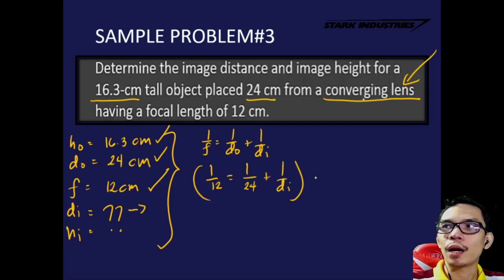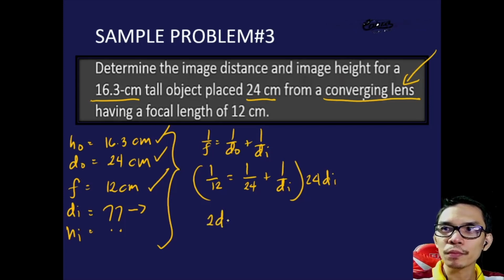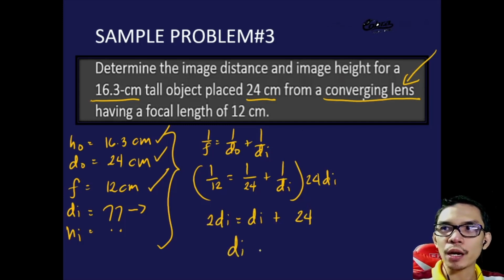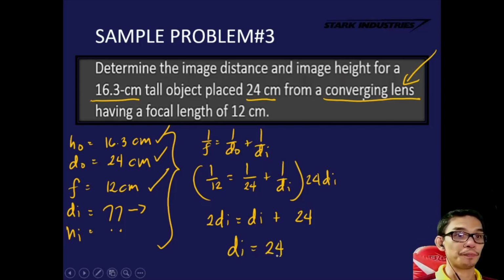So 24 d sub i, then this will become 2 d sub i is equal to d sub i plus 24. There you go, so the answer is d sub i is equal to 24.